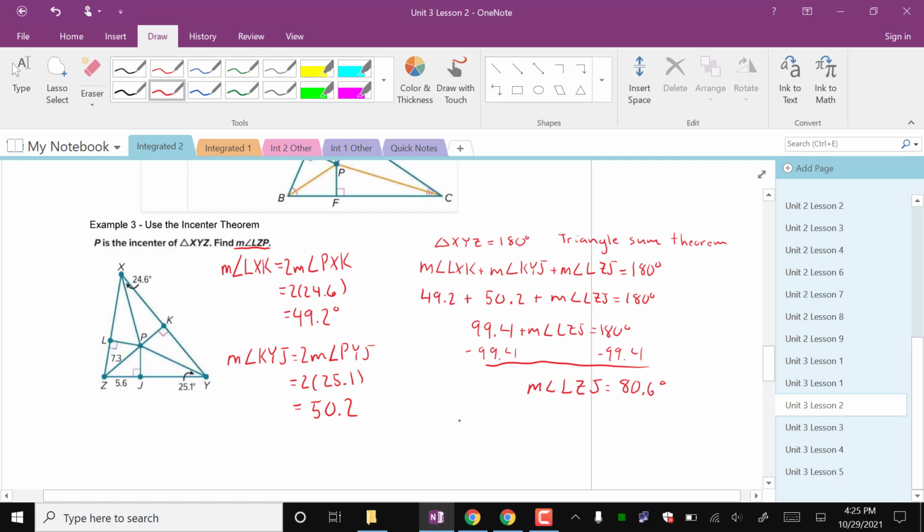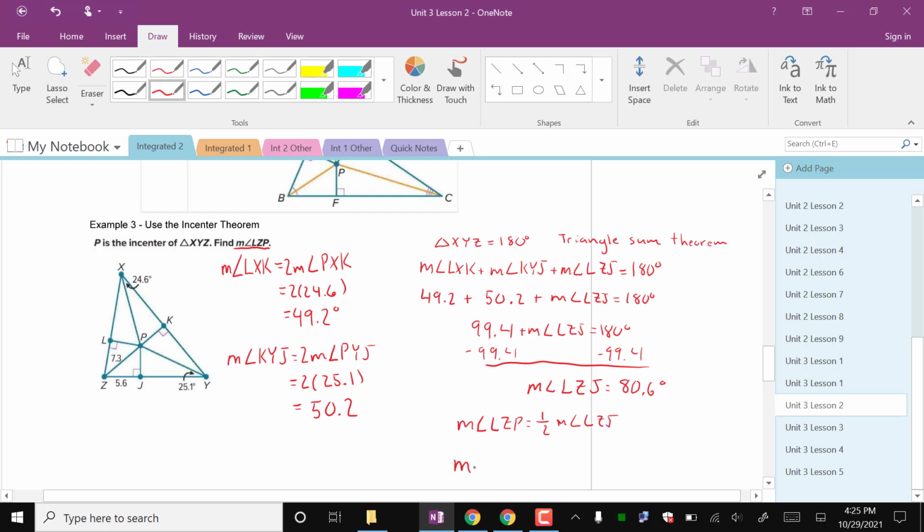So if it bisects this whole big angle, then the measure of angle LZP, sorry, not LZJ, LZP, which is the one we want to solve for, is equal to half that big one, the measure of angle LZJ, which we solved for up here.